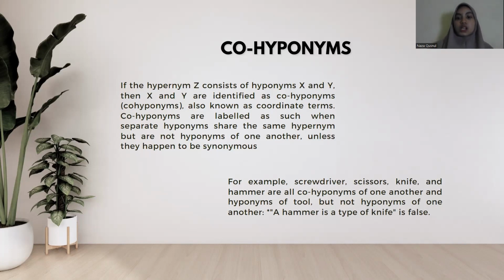For example, screwdriver, scissors, knife, and hammer are all co-hyponyms of one another and hyponyms of tool, but not hyponyms of one another. A hammer is a type of knife is false.